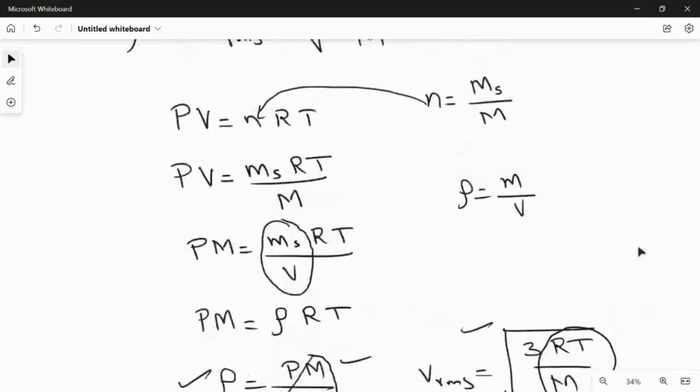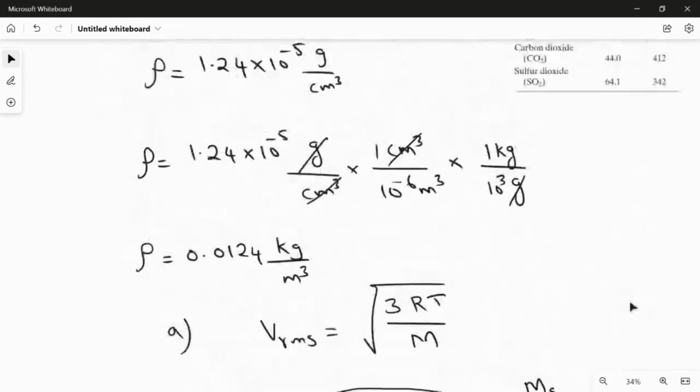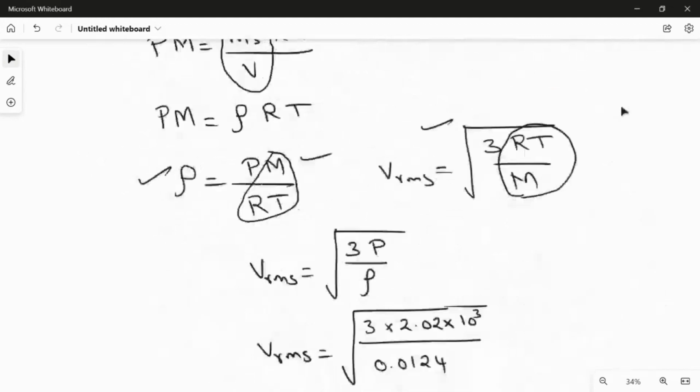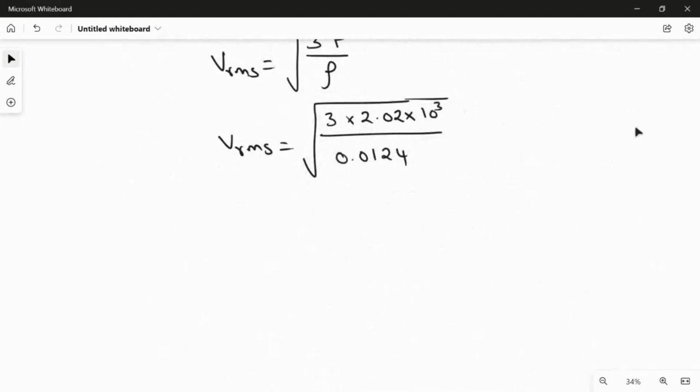If you want, I can show it, because we already converted these two. So pressure, I use this value, density, I use this value. Clear? Okay.